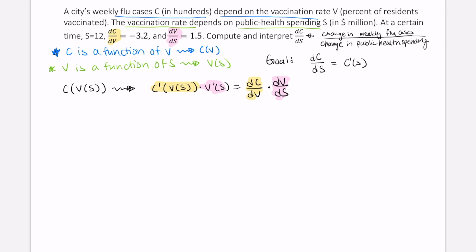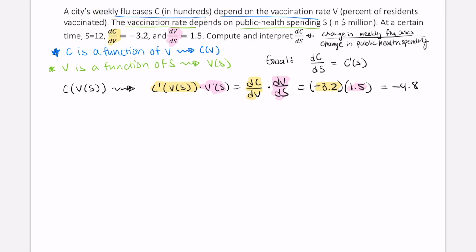And we're given what these values are. We're told that these values are negative 3.2 times 1.5. And here I'll color code these again just to keep this consistent, to show where these values are coming from. All right, now what is that? This becomes negative 4.8. Now remember, the weekly flu cases are in hundreds.